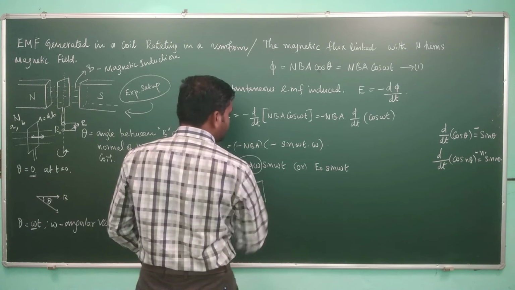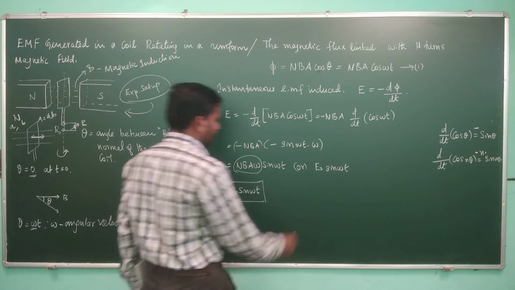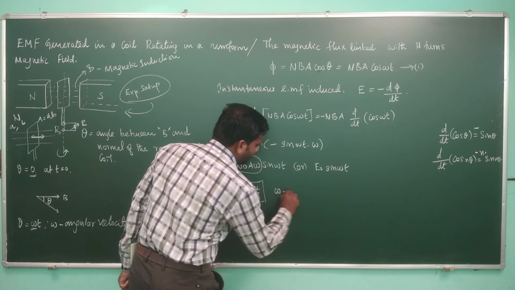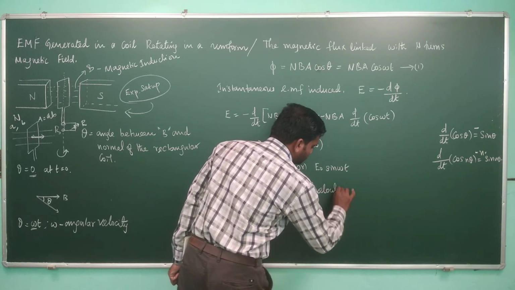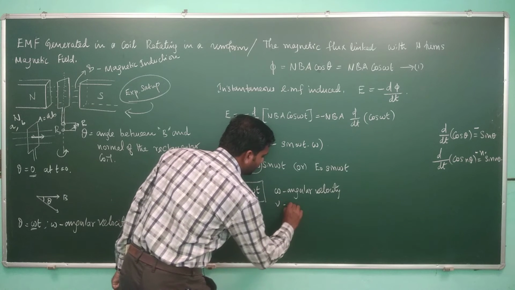Here we said omega is the angular velocity, and nu is linear velocity.